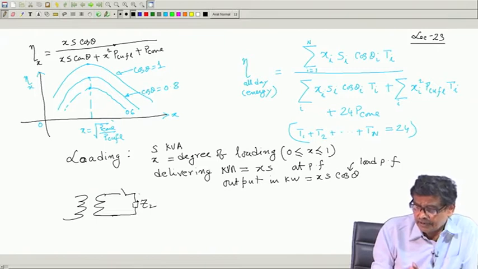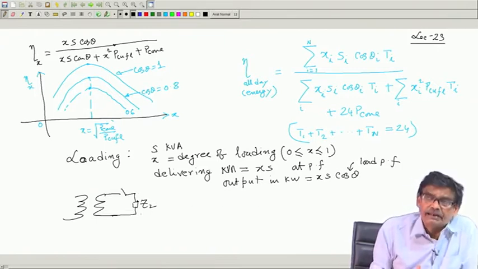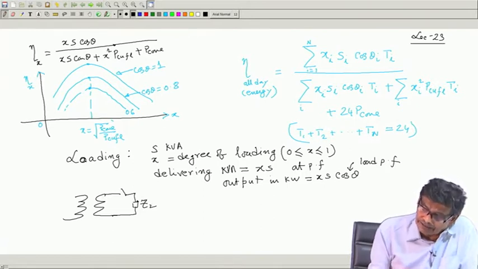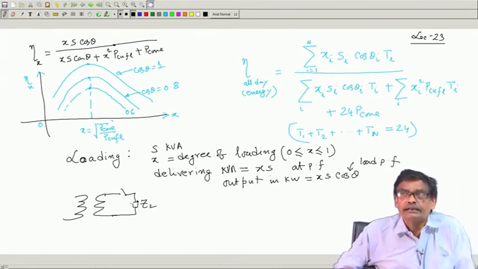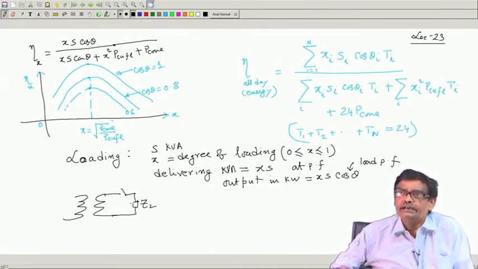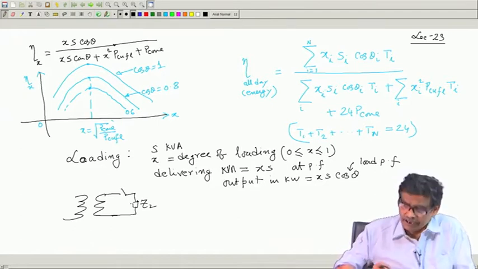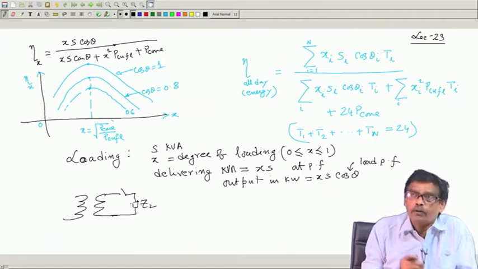This Z2 may be because of some parallel loads. Anyway, in terms of Z2 I told, but the load connected across the secondary is not really explicitly mentioned in terms of a complex impedance. Effectively, it will be some complex impedance.